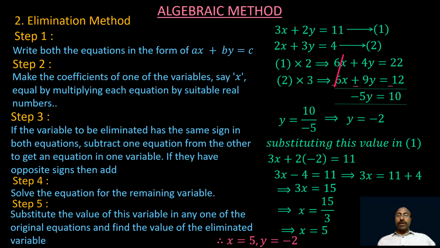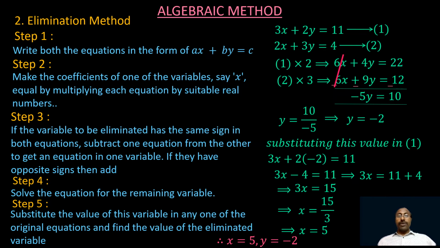So in this way, by eliminating one variable, we find the value of another variable, and by substituting that variable in either one of the given equations, we find the eliminated variable also.